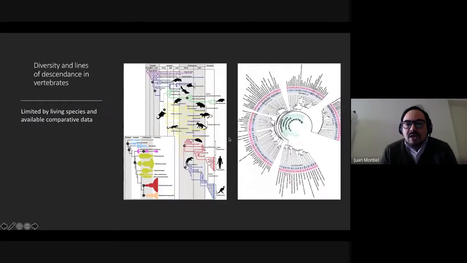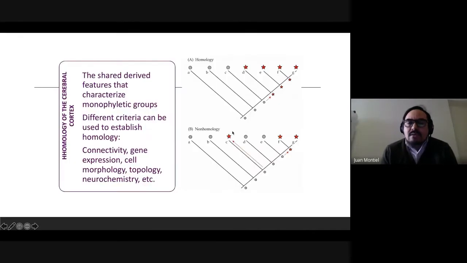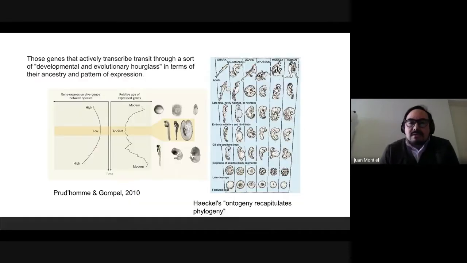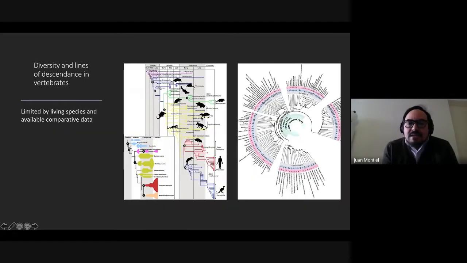We call this not homologous, and we say that this is a convergent pattern, which means that independently, this similar feature emerged during evolution, not shared with the ancestor of these species. So this is the problem that we have to address.